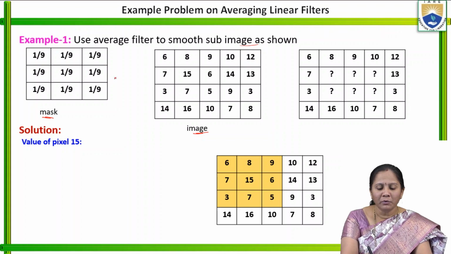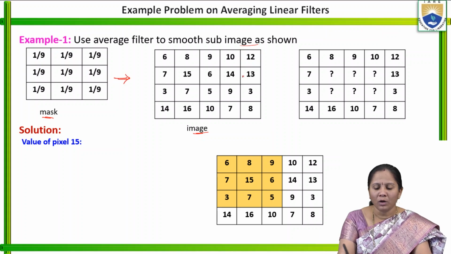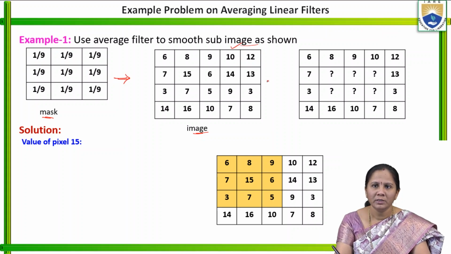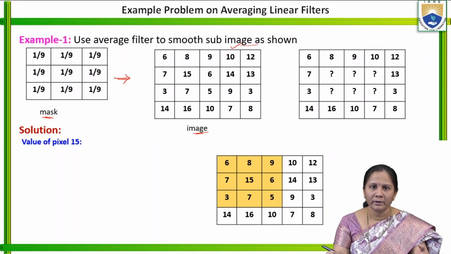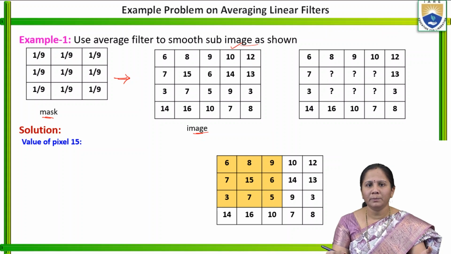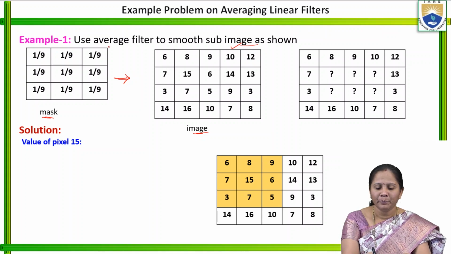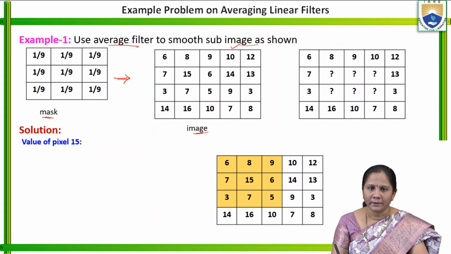Now, so we have to apply this mask on this input image in order to get the smoothed output. So whenever we are applying mask on the image, whatever the center pixel is available in the image, that only can be modified. So modification is dependent on the neighborhood pixels as we are dealing with average filter.